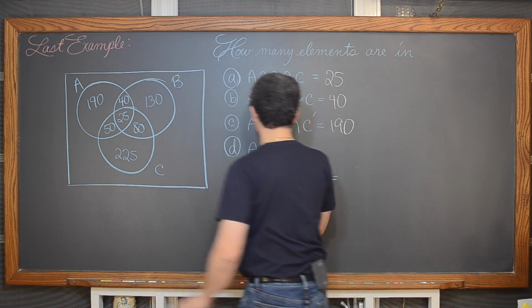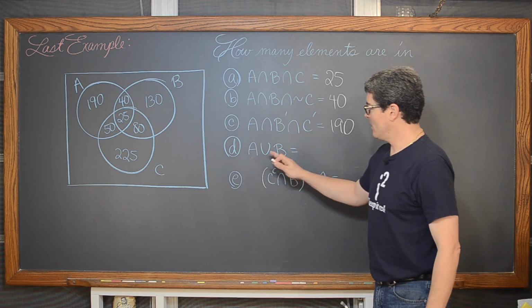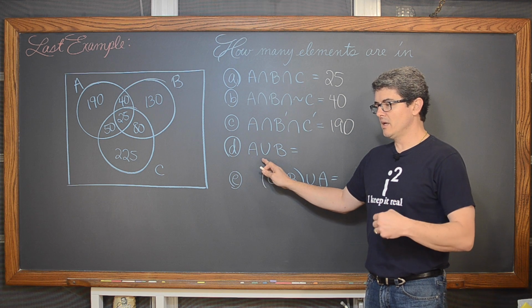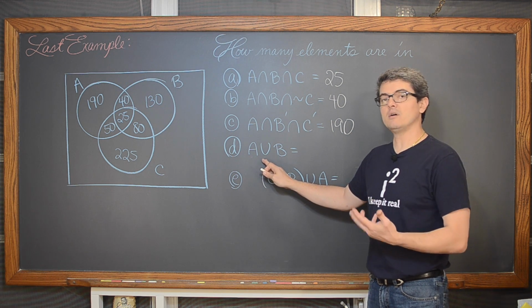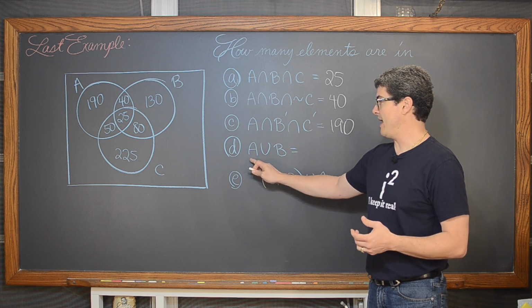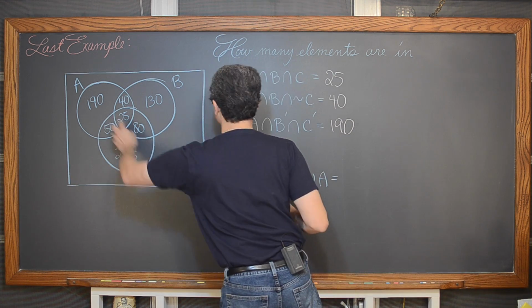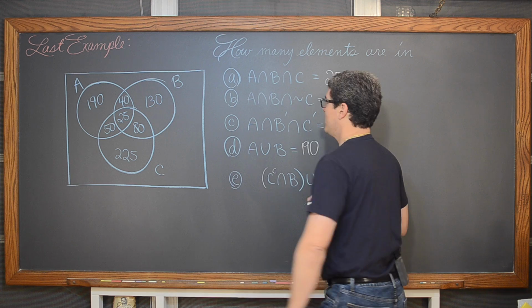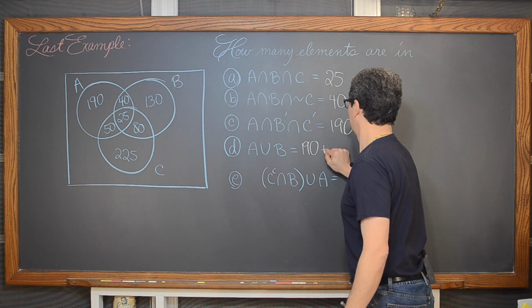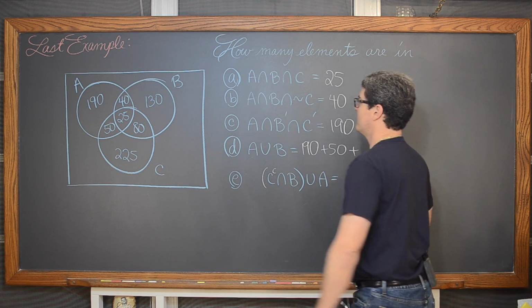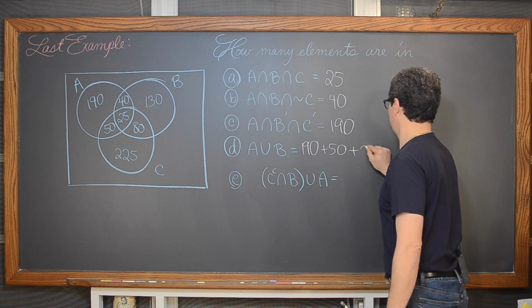How many elements are in A or B? For an element to be considered part of this union set, it needs to be in A or B or both, but don't count the both twice. So we have 190, we have 50, we have 25 and 40.